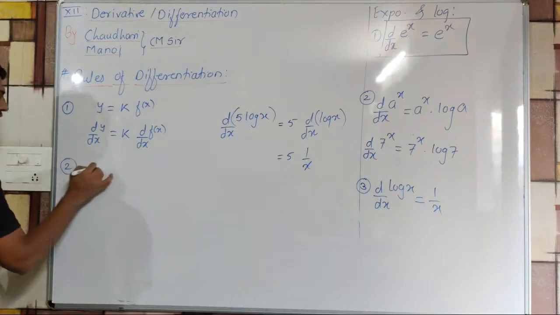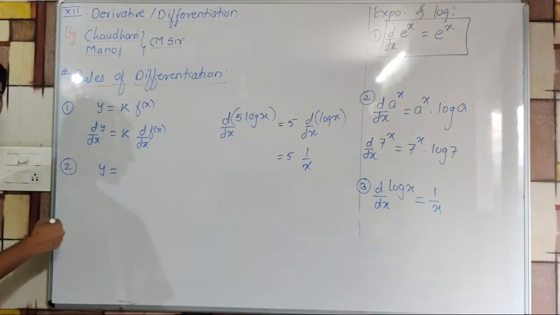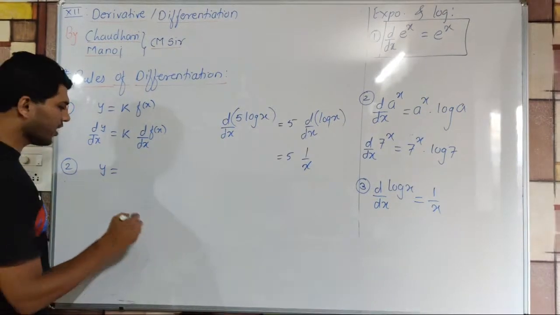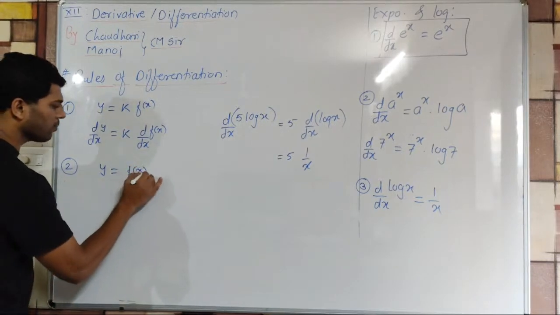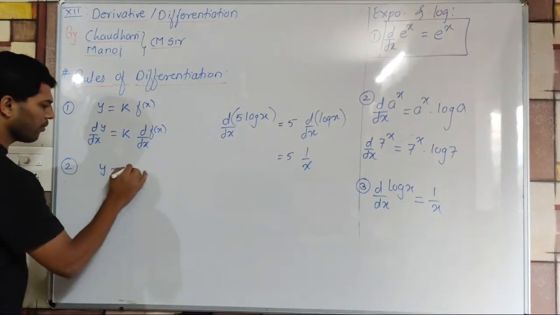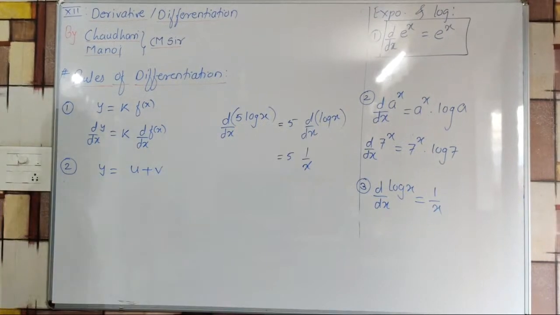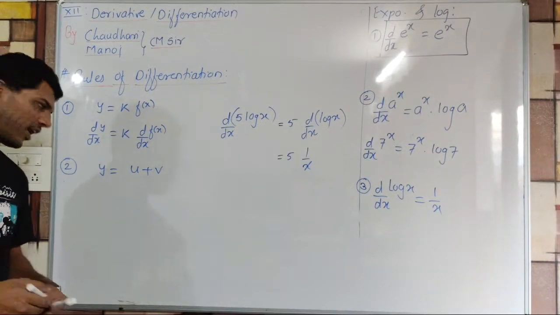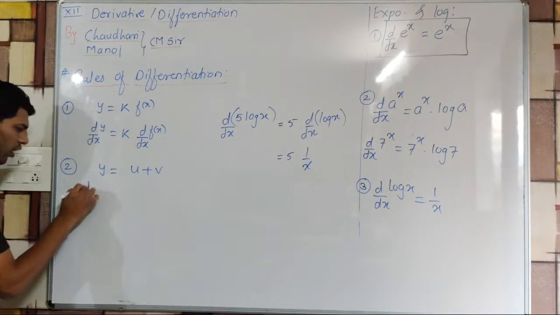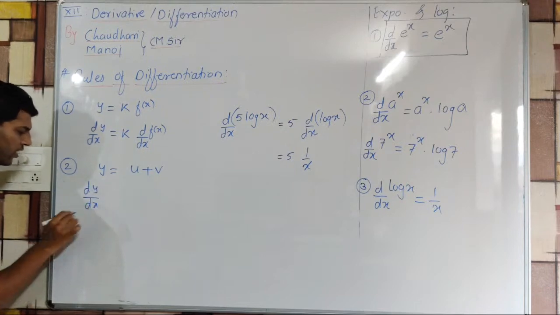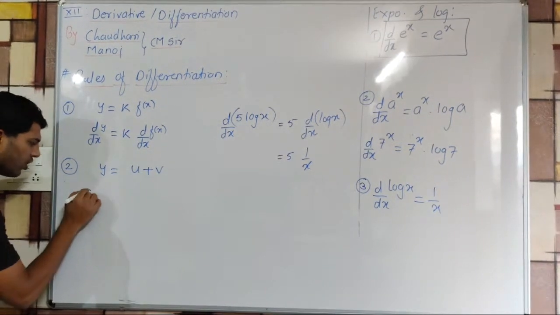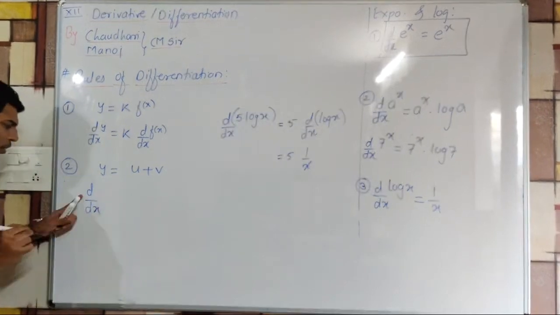The second rule is, let's say y is equal to an addition of two different functions, like f of x plus g of x, or in the previous year we represented it as u plus v. This is called the addition rule. If you want to differentiate this, this is the way you have to write it.